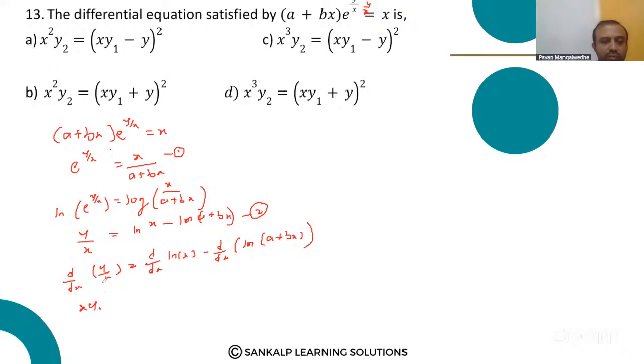Use the quotient rule on the LHS: x y1 minus y into 1, by x square.